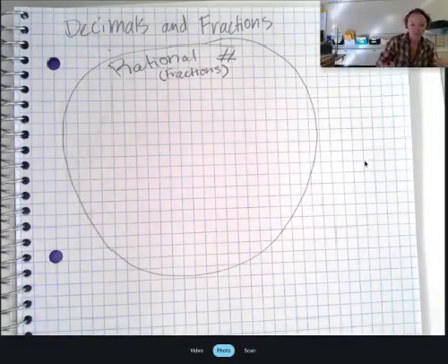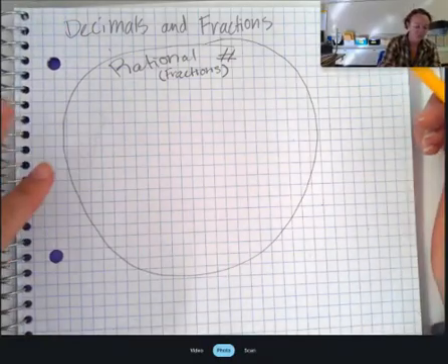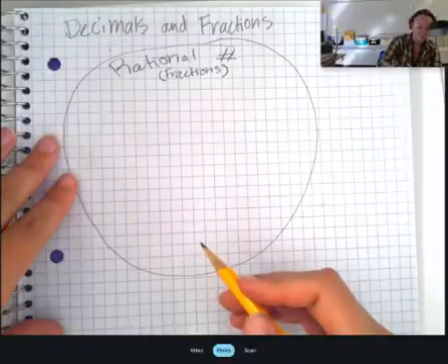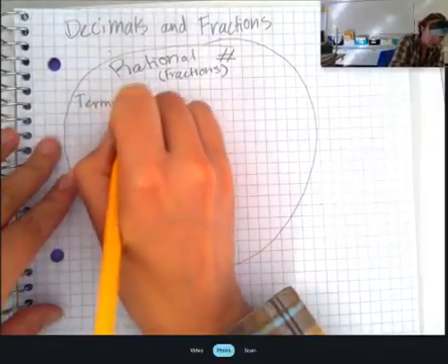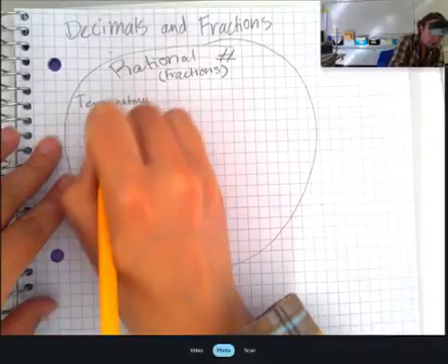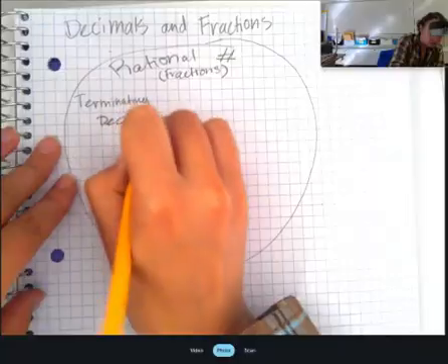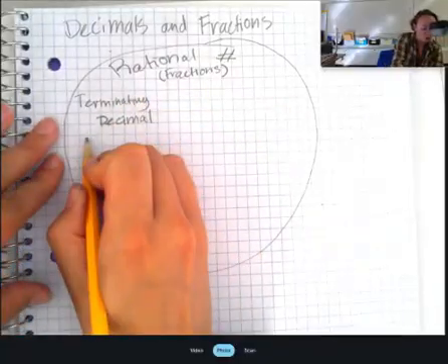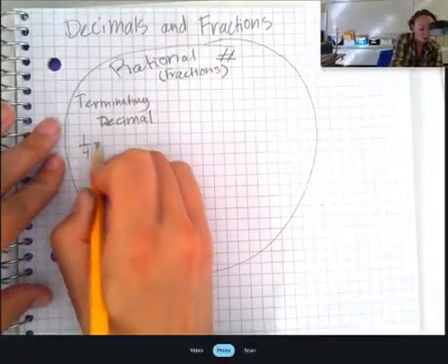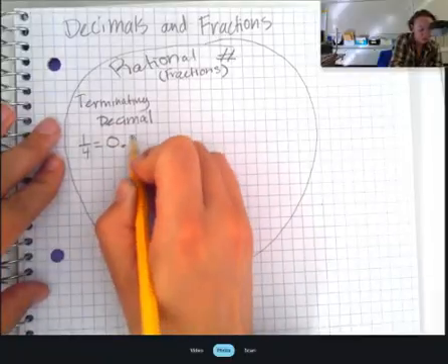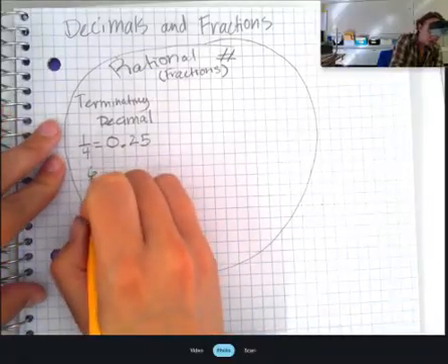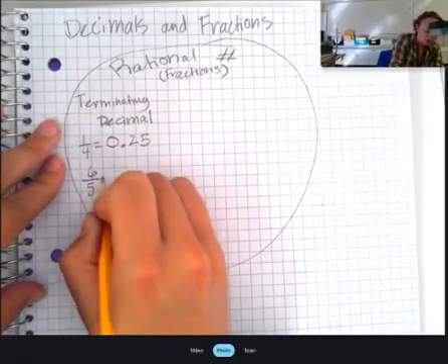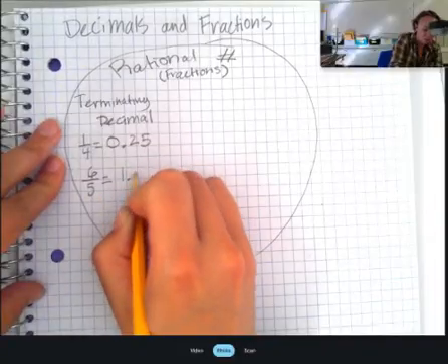So there are two types of numbers as far as decimals go. You could either have a terminating decimal. That would be like 1/4, because that equals 0.25, or 6/5, because that equals 1.2.